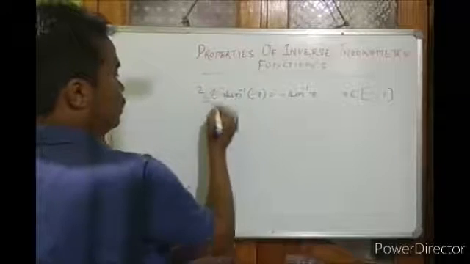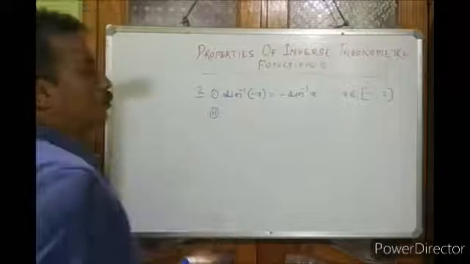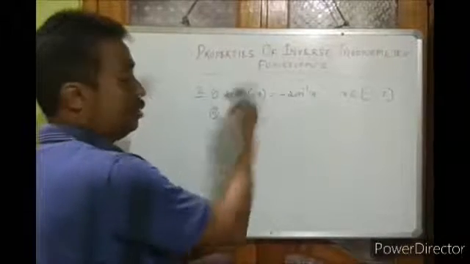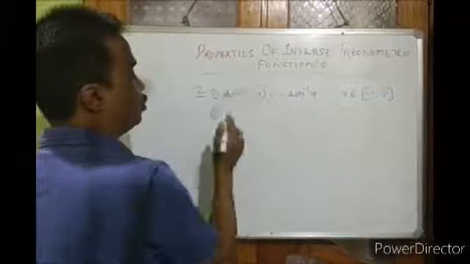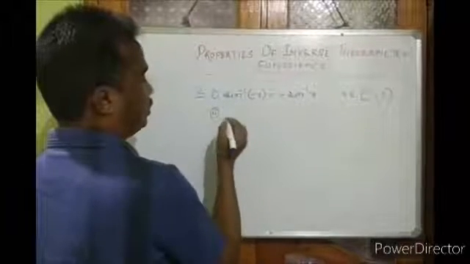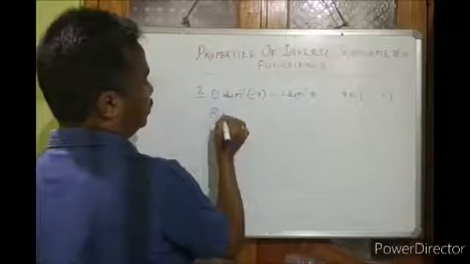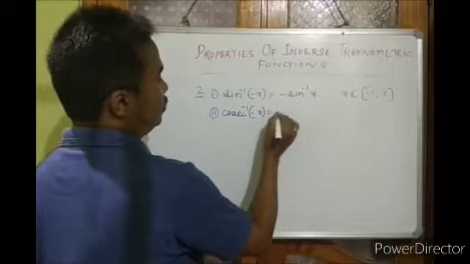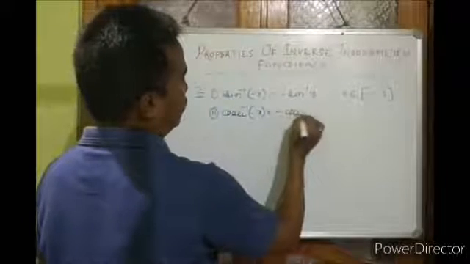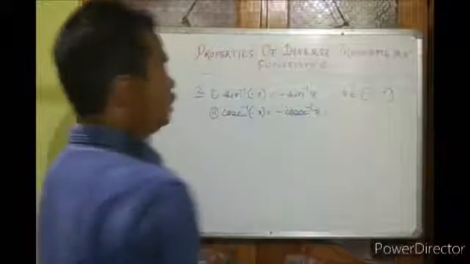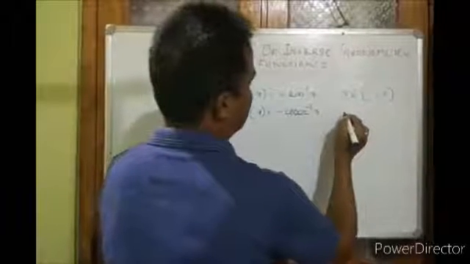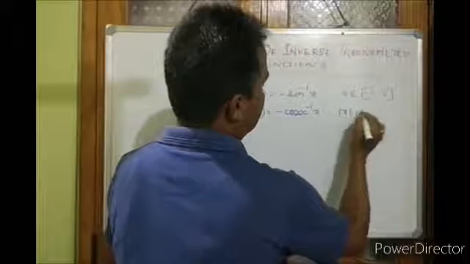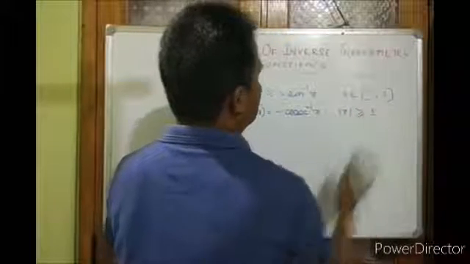Here a minus sign is getting out directly. It holds for sin inverse minus x equal to minus sin inverse x, and then cosec inverse minus x is equal to minus cosec inverse x, and the domain of cosec inverse x is modulus of x greater than or equal to 1.